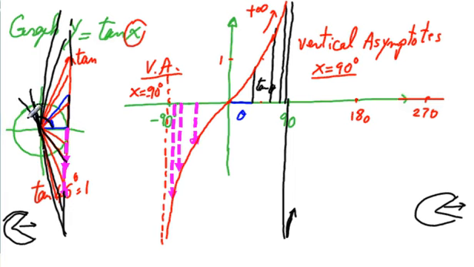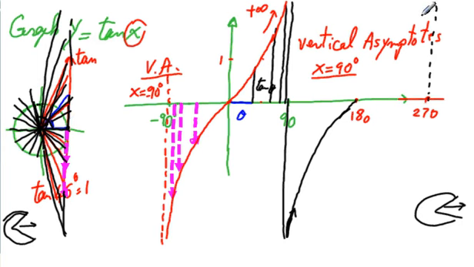As my angle increases past 90 degrees, I march back toward 0. So this starts at minus infinity. At 180, it makes it through 0. When I go to the third quadrant, it comes back to the positive territory, and by the time I make it to 270, it shows its asymptotic behavior again.